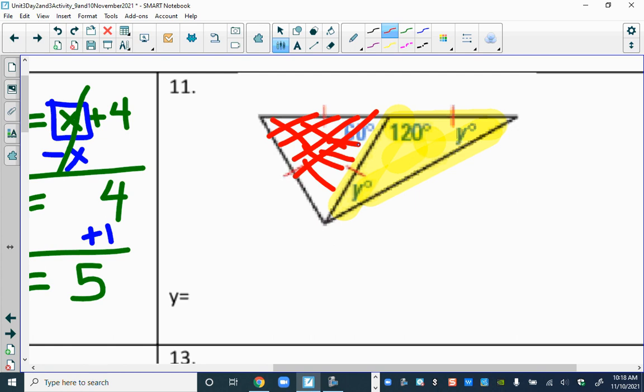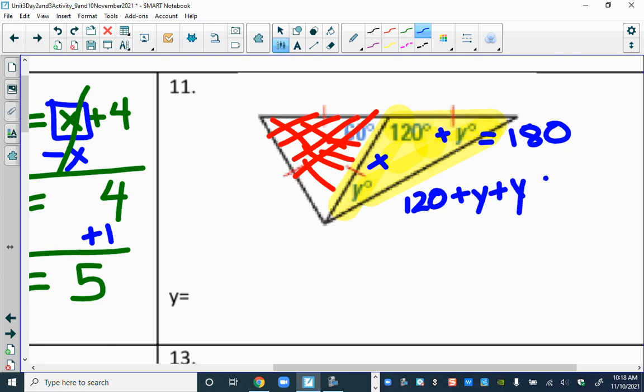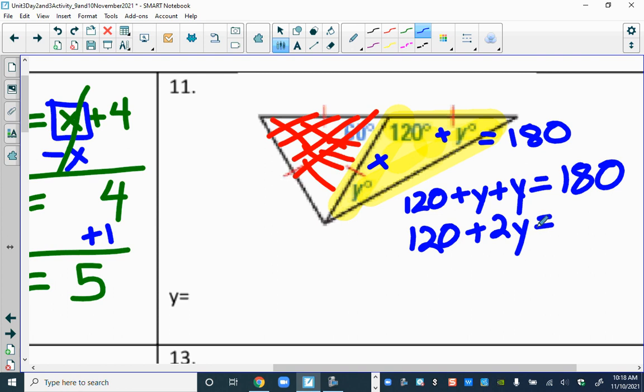Yep, you can do that as well. So, Des and Valerie, you both were on the right. Yep, you two are right. In the end, that's what's going to happen. The sum of y plus 120 plus the other y will be 180. And in the end, you basically have 120 plus 2y equals 180.